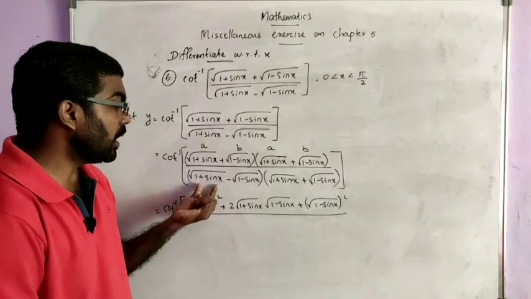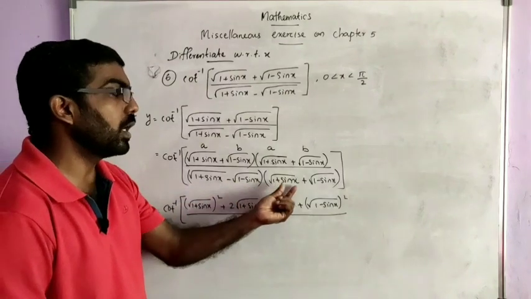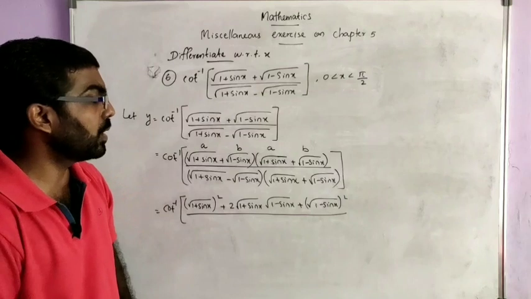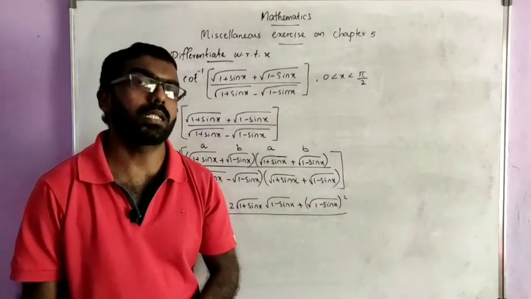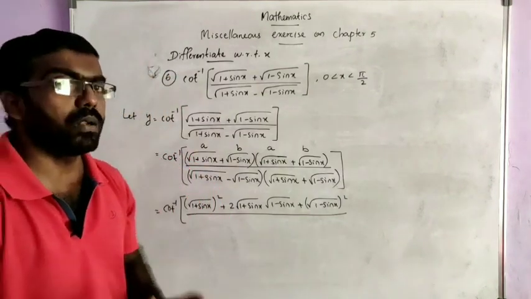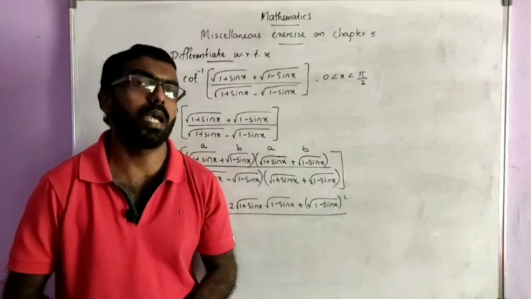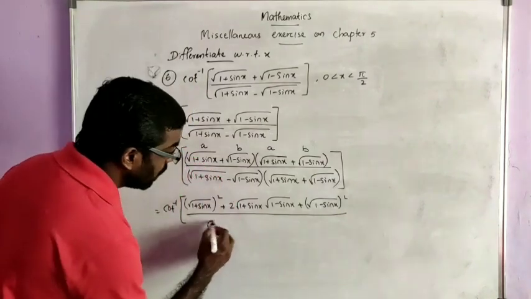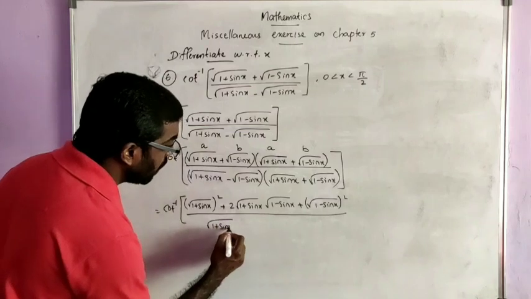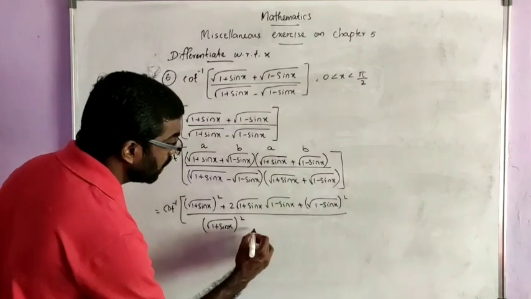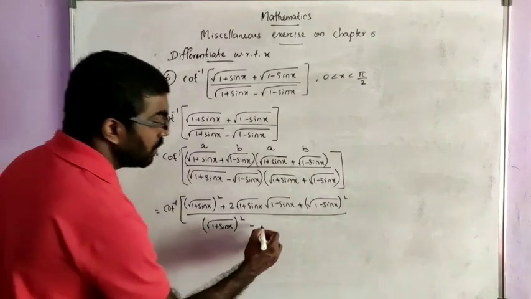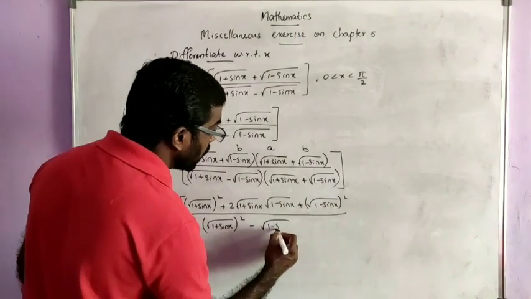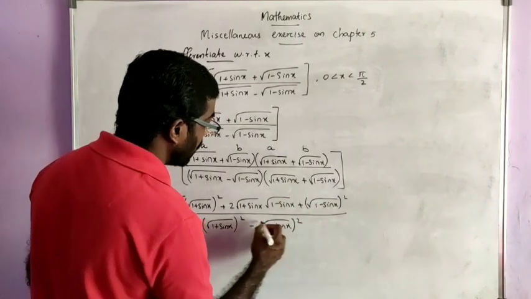Once again, a minus b into a plus b is nothing but a square minus b square. So here we can write root 1 plus sin x the whole square, that is a square, minus b square, that is root of 1 minus sin x the whole square.